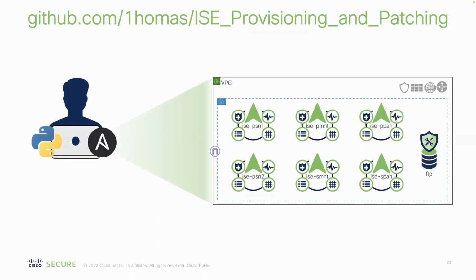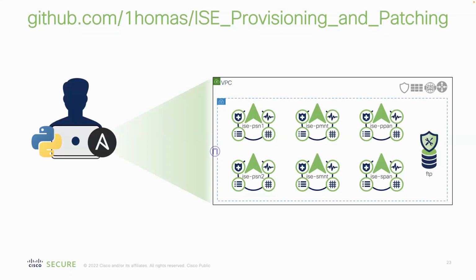So I've got an FTP server set up actually in a separate VPC. I just put it inside of this one for making it quick and easy in the diagram. But you could put it in that same VPC or have it somewhere else on your network as well.